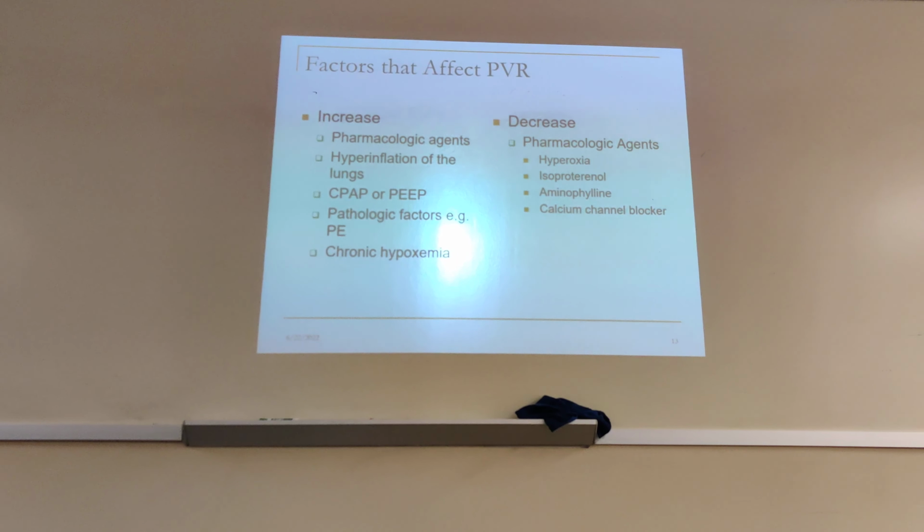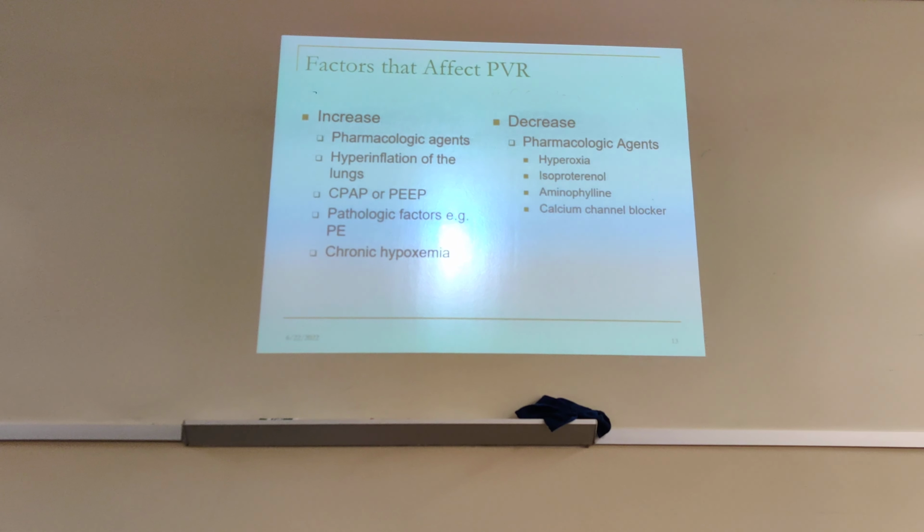Factors that affect PVR. Pharmacologic agents: some drugs will cause it to go high. Hyperinflation of the lungs will cause it to go up. It will cause increased resistance. COPD, for instance.